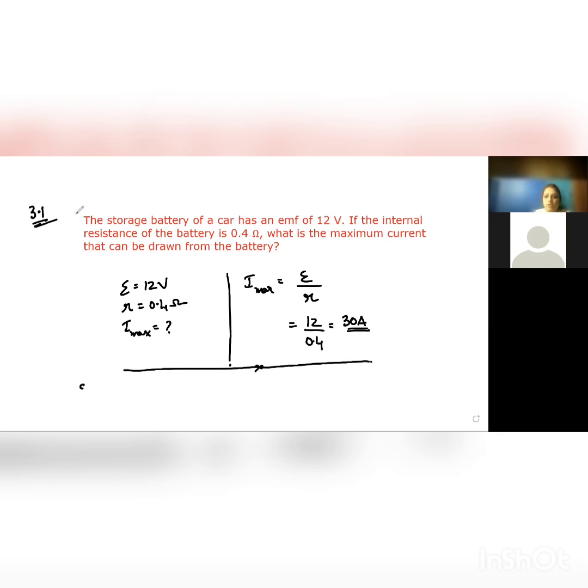Okay, so now what is EMF? What is terminal voltage? Quickly, children, we have 2 minutes left. EMF is the potential difference across the cell when what? Dash.